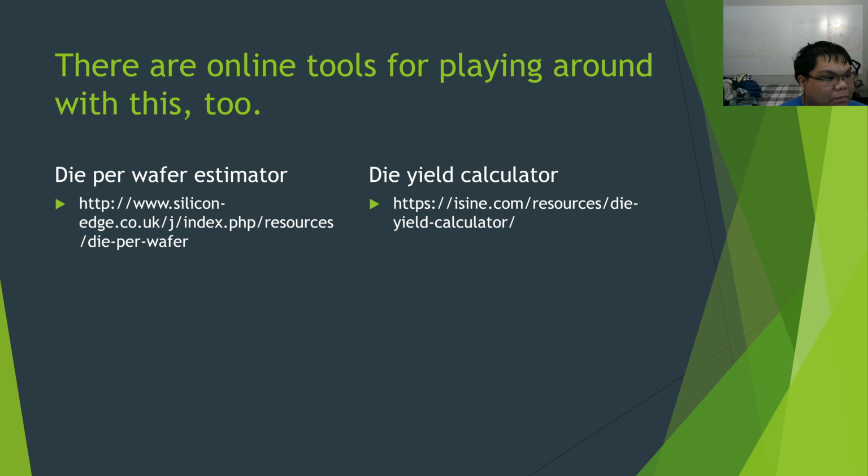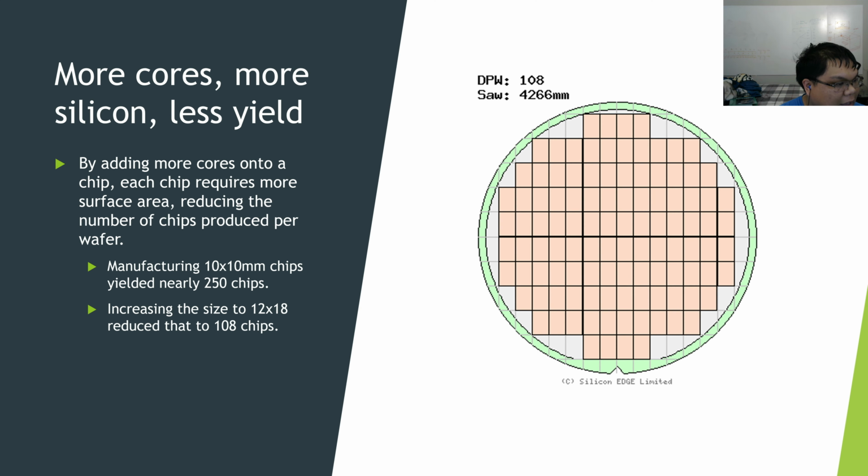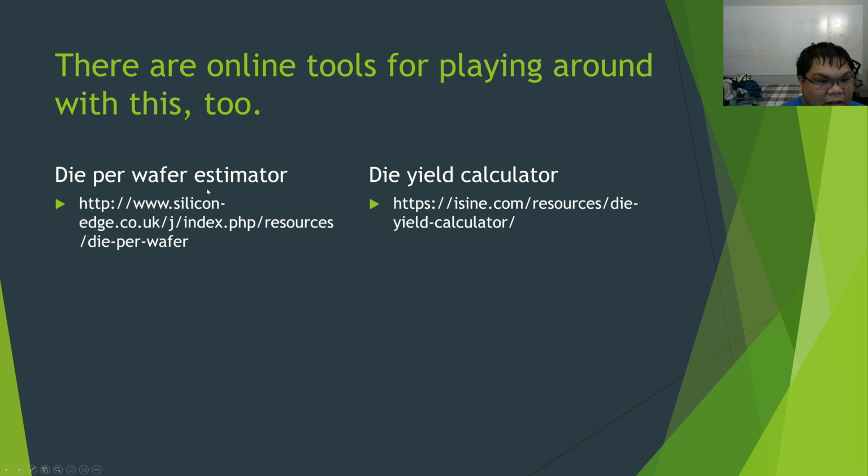Oh yeah, you can also play around with these calculators as well. The past slide here, I used a calculator called die per wafer estimator. There's another calculator that you can play around with, and it's a die yield calculator, and that accounts for defects that may occur on the silicon itself.